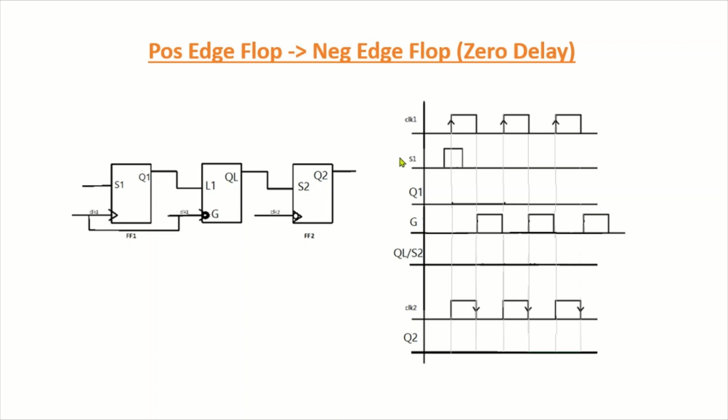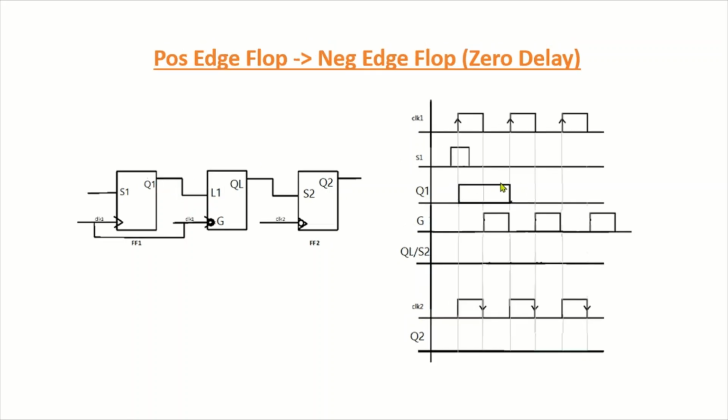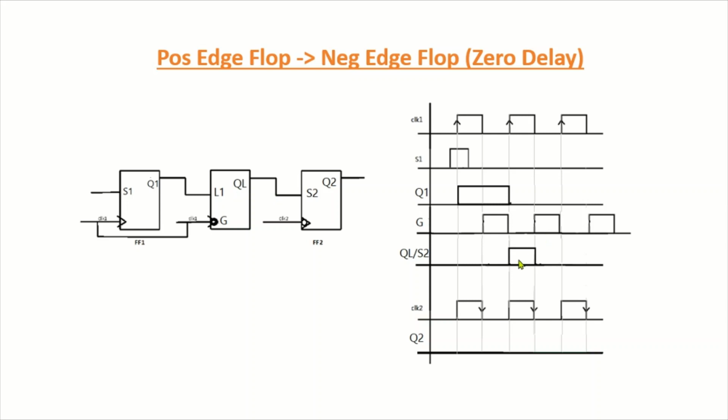Here you can see the data Q1 is captured in this manner, and the Q1 data is feeding to the latch input, and the latch is providing the off-cycle delay, and it is feeding the input of S2.